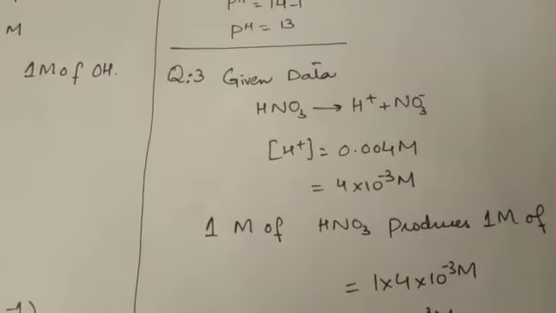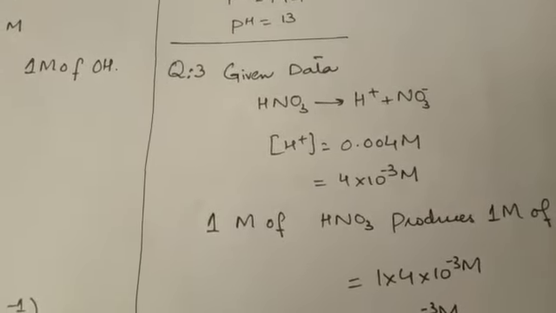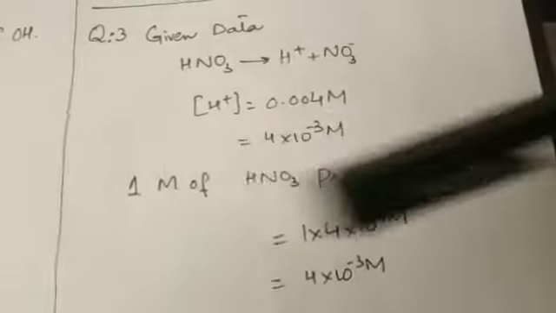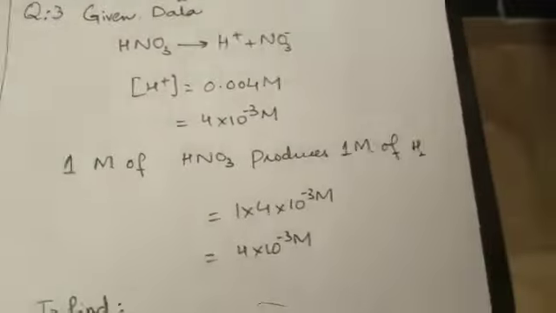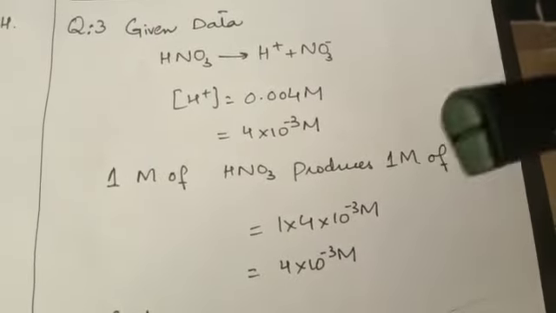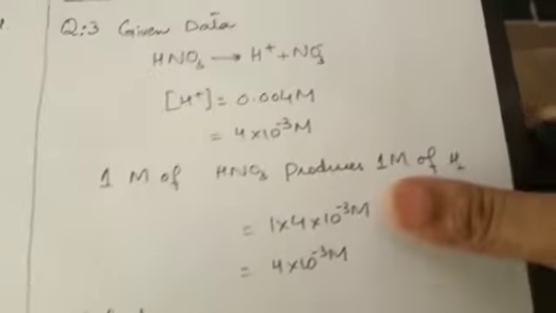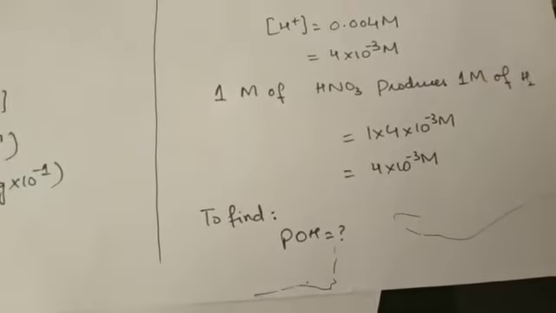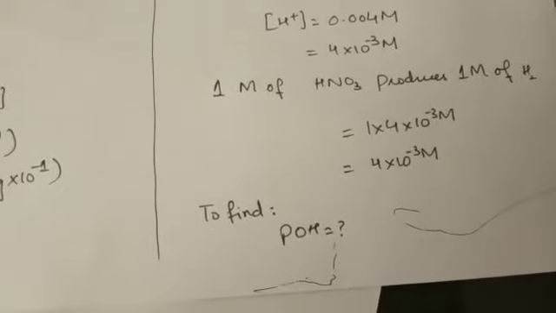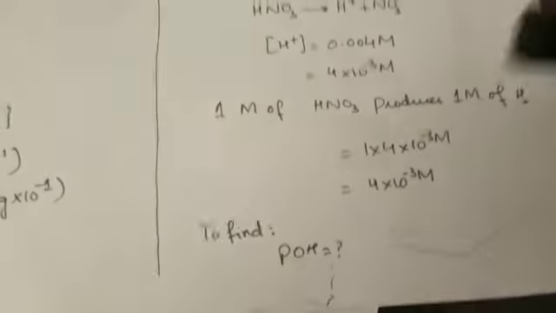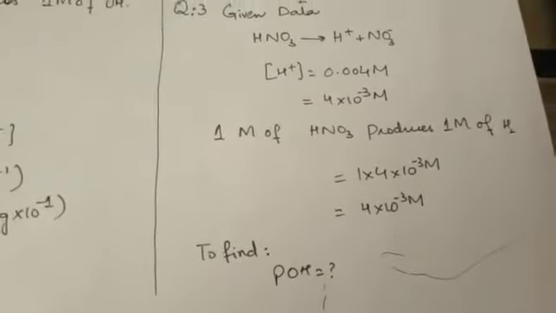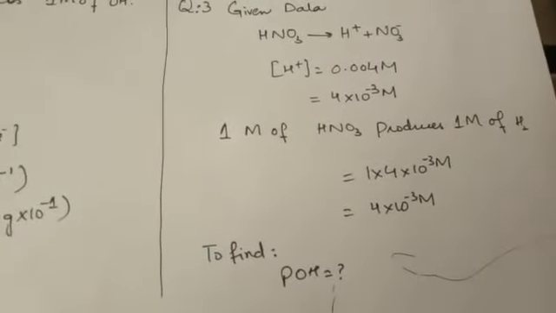They have given us the value a little differently, so we write it as 4 into 10 raised to power minus 3. 1 M of HNO3 produces 1 M of hydrogen ions, and we simply find the complete concentration of the hydrogen ion by multiplying. Here they have asked us to find the pOH, and they don't directly tell us to find the pH, but we know that if it is an acid, first of all we have to find the pH and then we go for the pOH. So for finding the pH we put the same formula.